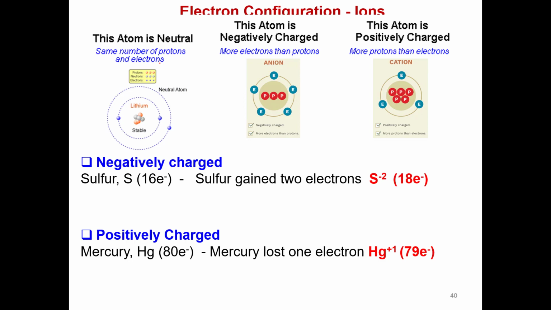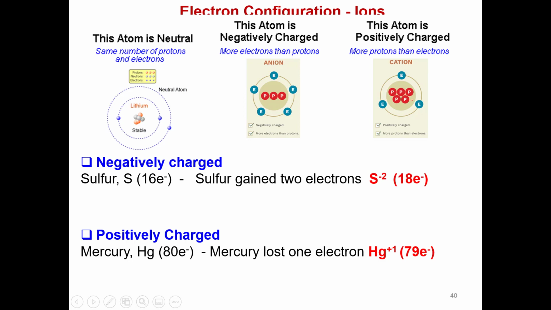But in some cases, we have atoms that are negatively charged. In this case, the atoms have more electrons than protons. An anion has more electrons than protons, like in this example: 5 electrons and 3 protons.